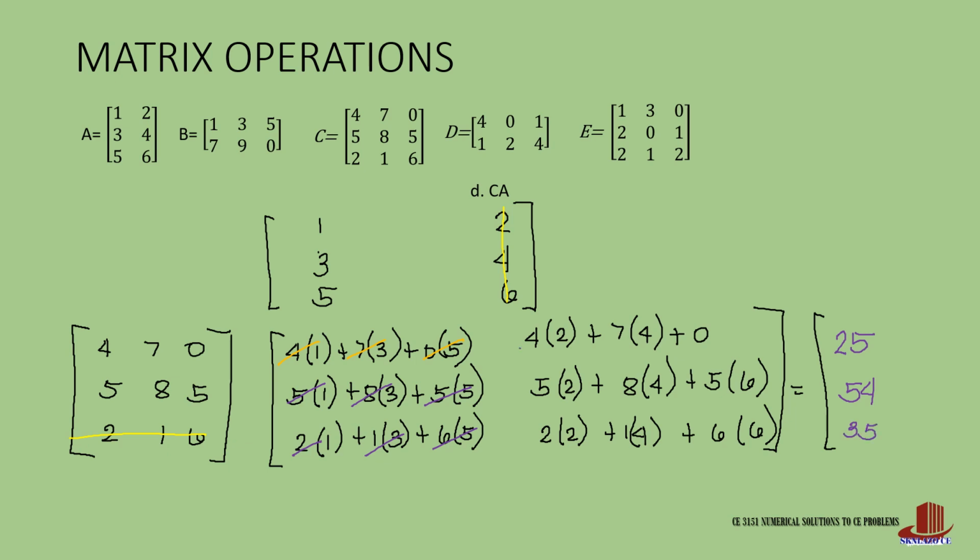Next, 8 plus 28 would give us 36. 10 plus 32 plus 30 is 72. 4 plus 4 plus 36 would be 44. And this is the answer for requirement D.